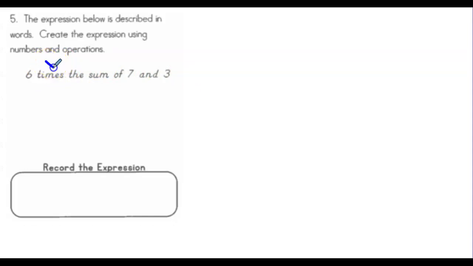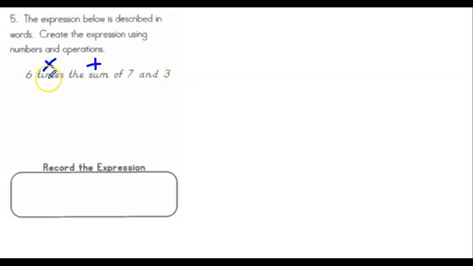It says the expression below is described in words. Create the expression using numbers and operations. So when I taught this in class and we would read these, I would have you write the symbols above it. So let's try this. It says 6 times, so we put the multiplication symbol, the sum of, so this is going to be add, 7 and 3.